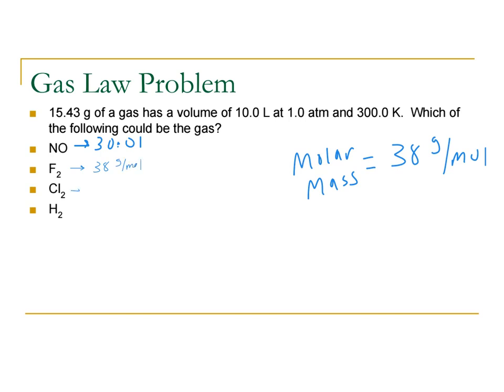That sure seems like the answer. If you did 2 times chlorine's molar mass, because there are 2 chlorine atoms, you get 70.9, and the molar mass of hydrogen gas is 2.02. So if I knew the gas was one of these four candidates, fluorine is definitely going to be the answer for this unknown gas.